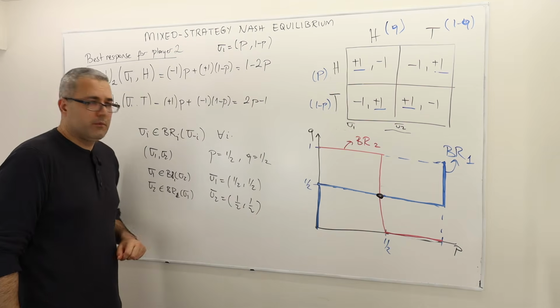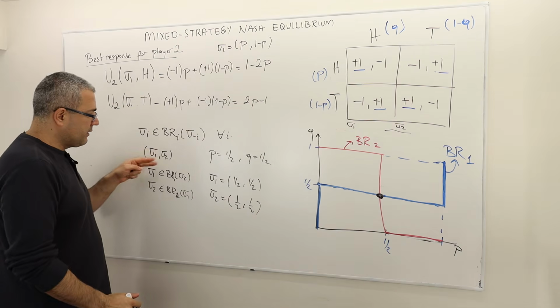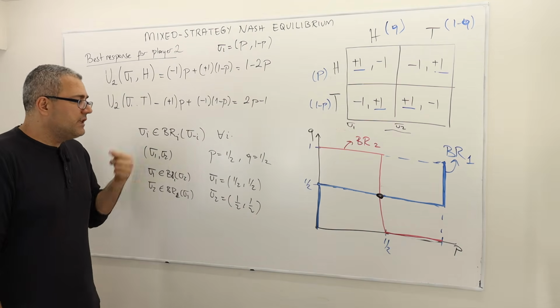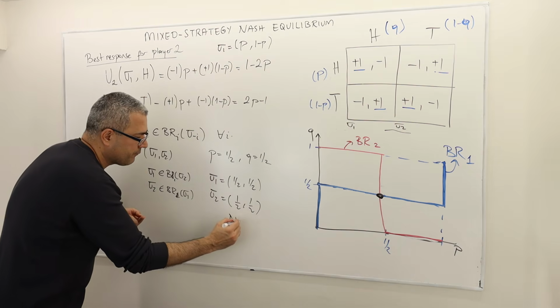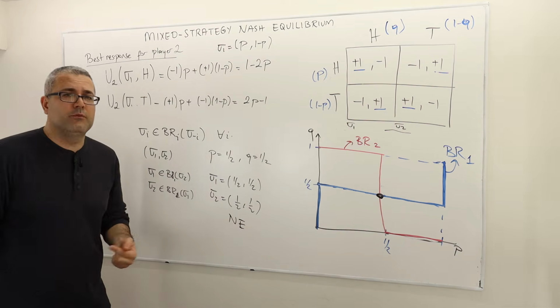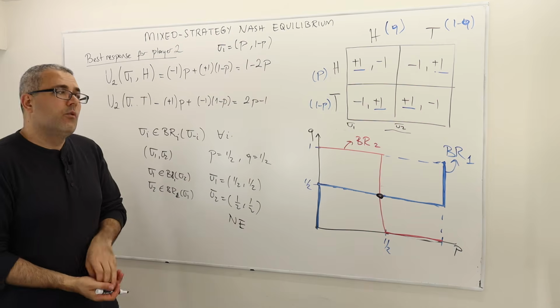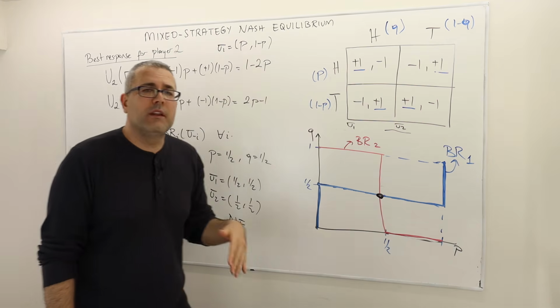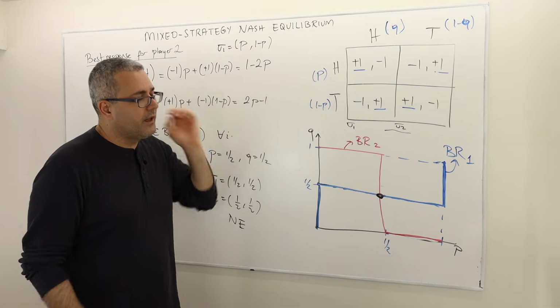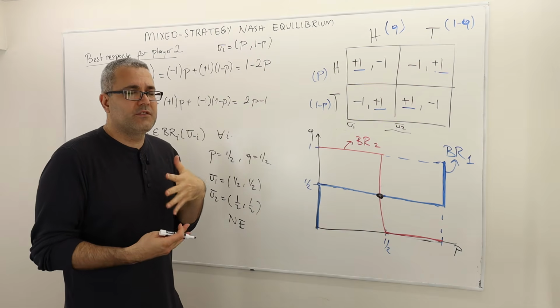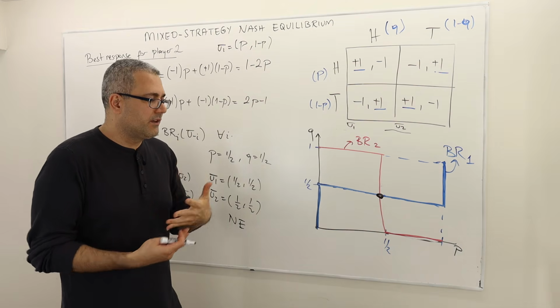So this is Q, this is 1 minus Q. So this sigma 1, sigma 2 profile is the Nash equilibrium, and the only Nash equilibrium. Again, why only? This is the only point where both best responses intersect.